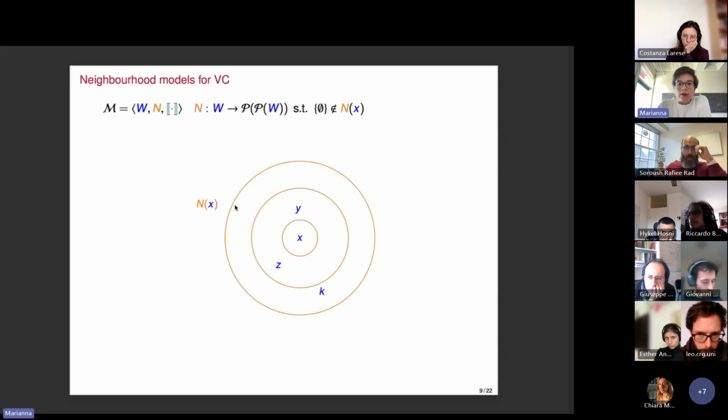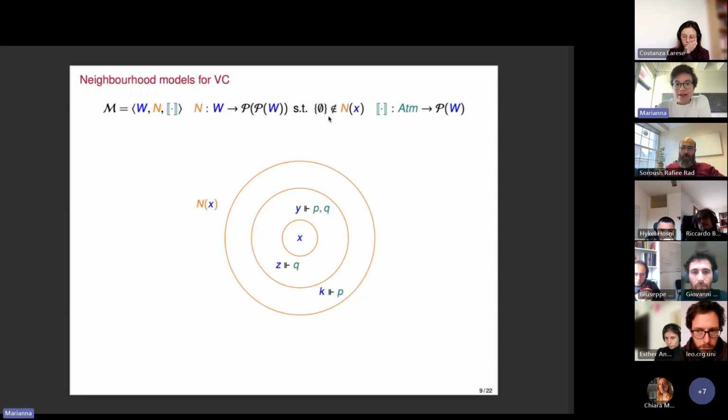The only requirement, the basic requirement we impose on the neighborhood function, is that every neighborhood is non-empty. If a neighborhood exists, there needs to be some element in it, some world. And then, as usual, we have our valuation function to evaluate propositional formulas, which I represent like this in my picture.